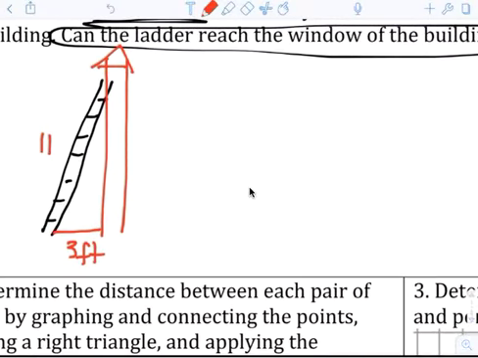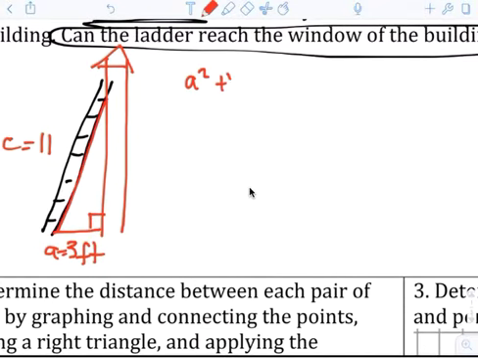Now notice this is the 90 degree angle, those are the 3 straight, and this is the longest diagonal right there. So this is C, the ladder is C. A is away from the building, and B is the building.